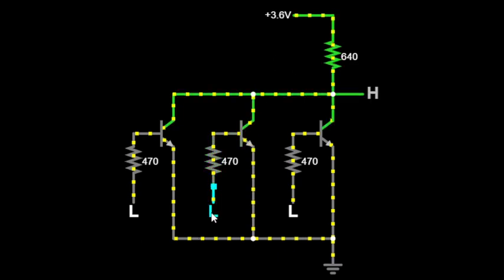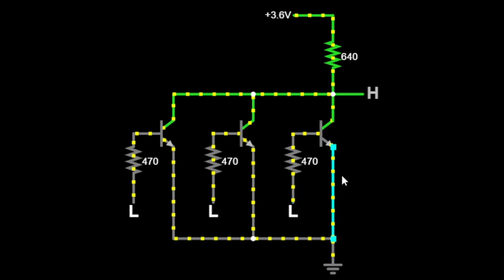As you can see here, we have three transistors, and the resistors are controlling the current level and the flow of current, and these transistors turn on based on these digital logic inputs.